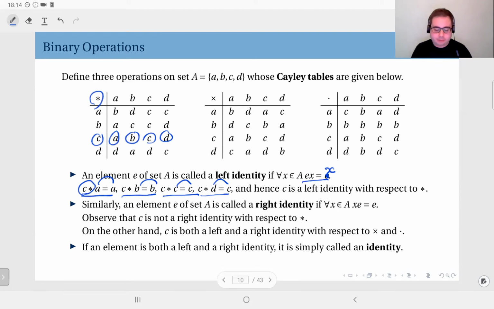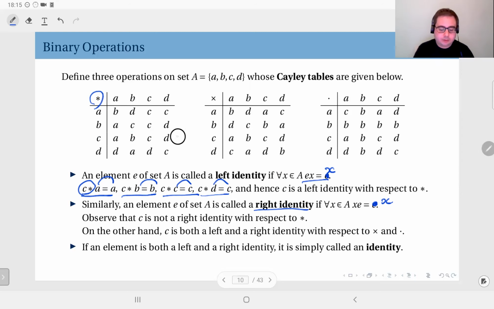We also have the corresponding right identities. Again, this should be X. So when you multiply all elements from right by E, the result should be the original element. You have to be careful here. We define a left identity and a right identity. These may not be the same, or these may not be unique.